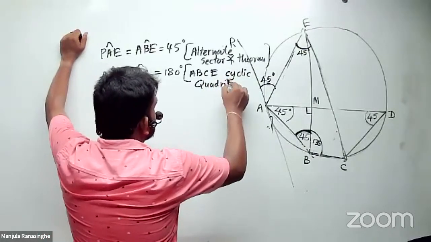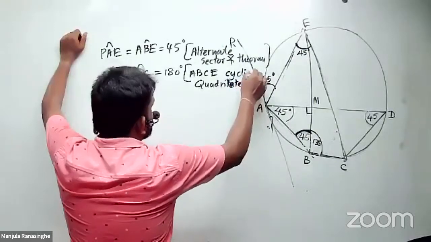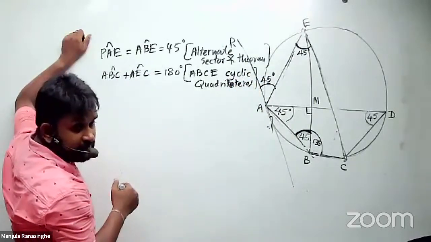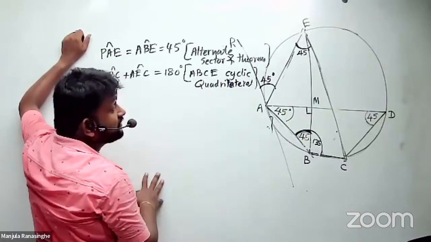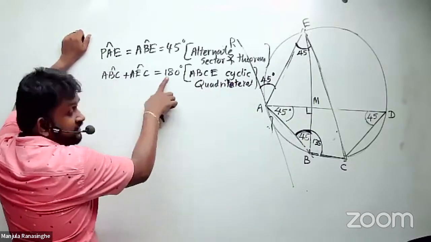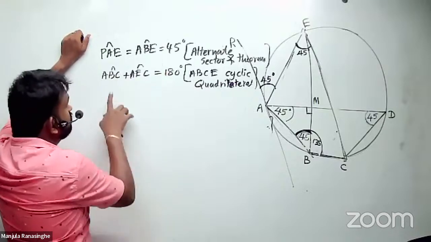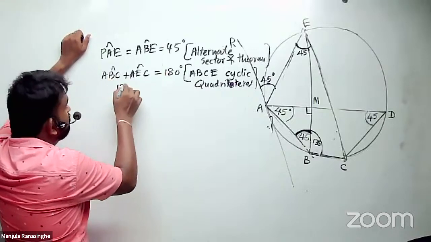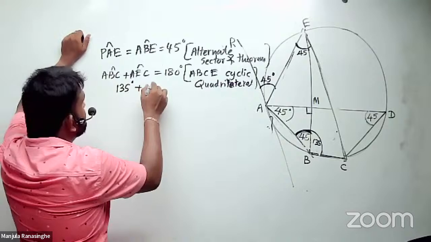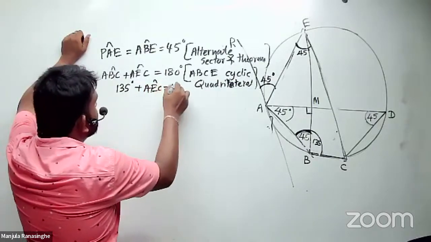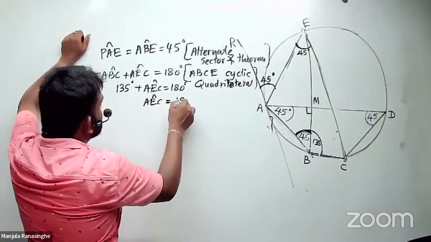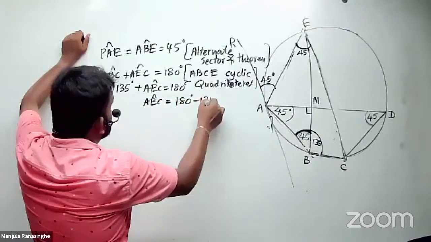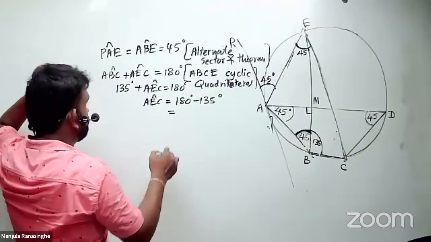Write that also: ABCE is a cyclic quadrilateral and opposite angles are supplementary. Right, that is why the sum becomes 180. So ABC is found as 135, right, plus AEC equals 180. Then you can subtract: angle AEC is 180 minus 135. So that gives you 45 degrees.